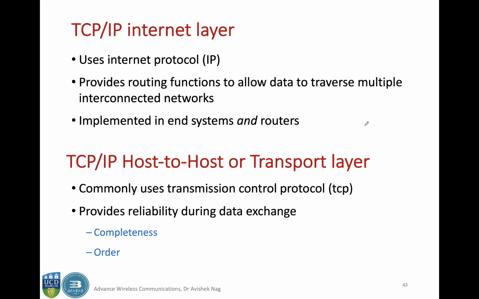You must have heard about this term as a user of the internet. This provides routing functions to allow data to traverse multiple interconnected networks. And this TCP/IP layer is implemented both in the end systems and also in the routers.